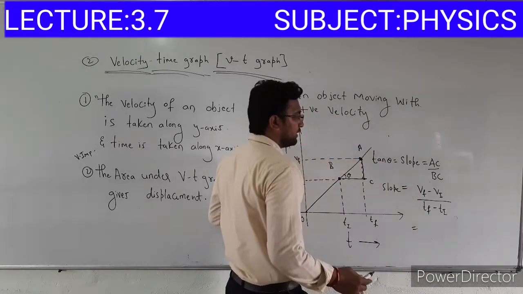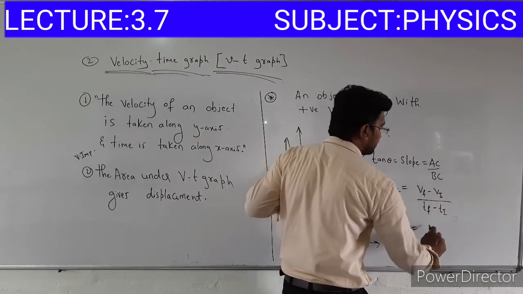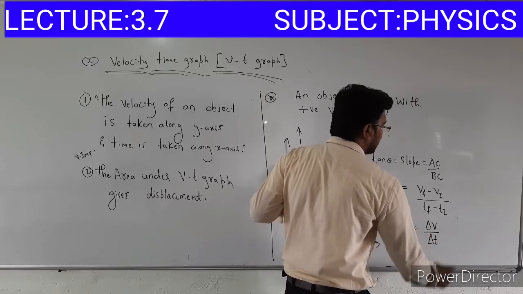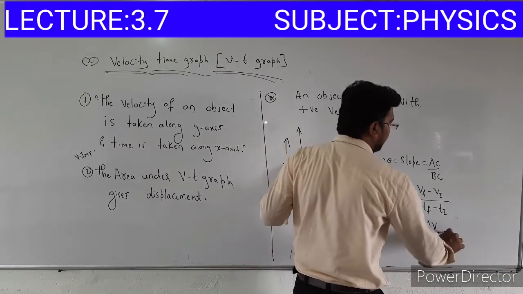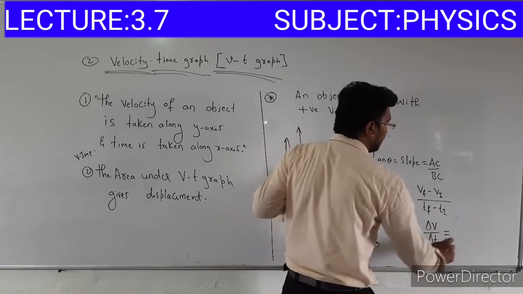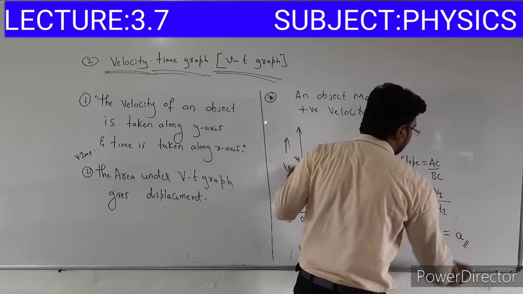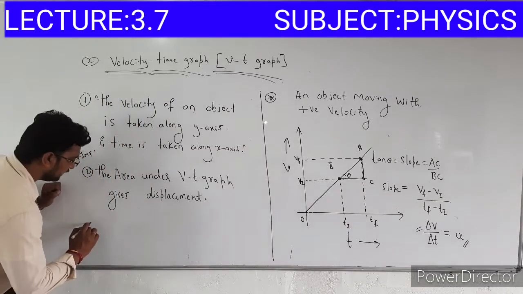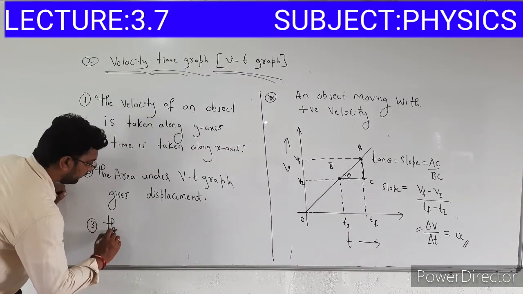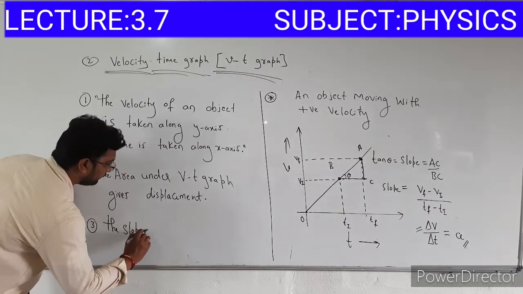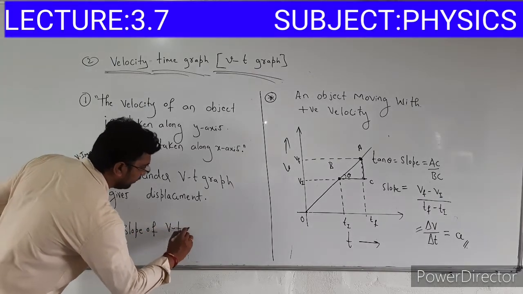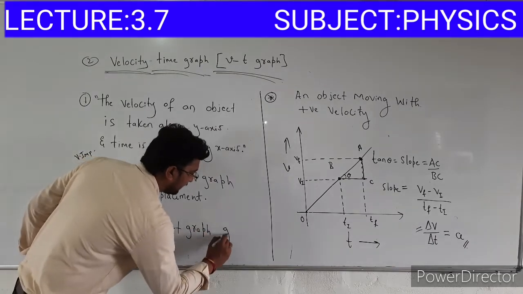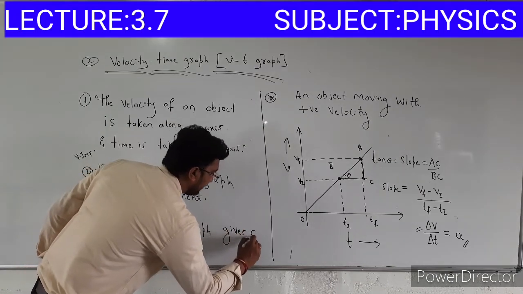So final velocity minus initial velocity is the change in velocity, divided by the change in time interval. Change in velocity with respect to time gives the acceleration. From this we conclude the third point: the slope of the velocity time graph gives acceleration.